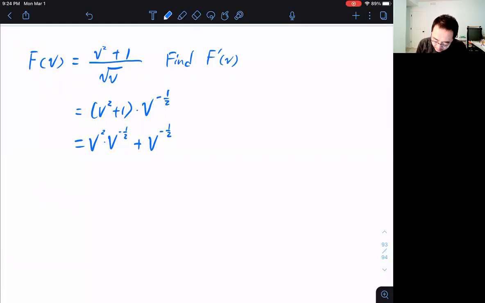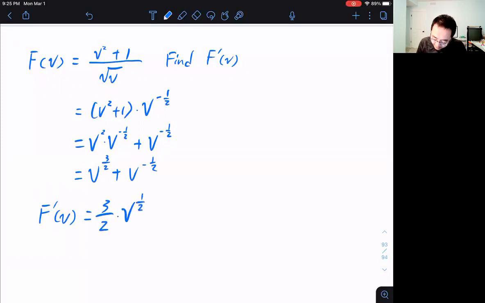And again, v squared times v raised to the negative 1/2 equals v raised to the sum of these two powers. So that gives you v to the 3/2, plus v to the negative 1/2. Once we have this, we can do f prime of v equals: you just bring the power down as a coefficient, then times v raised to the power minus 1.